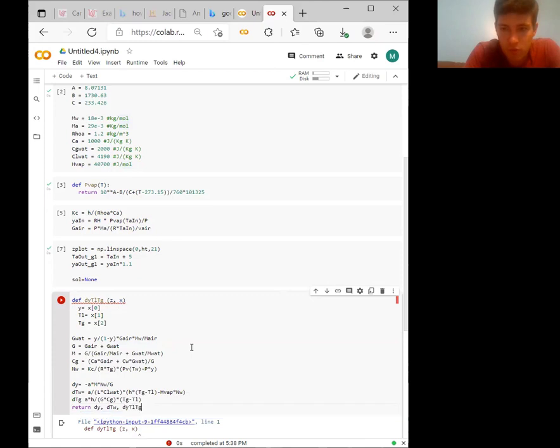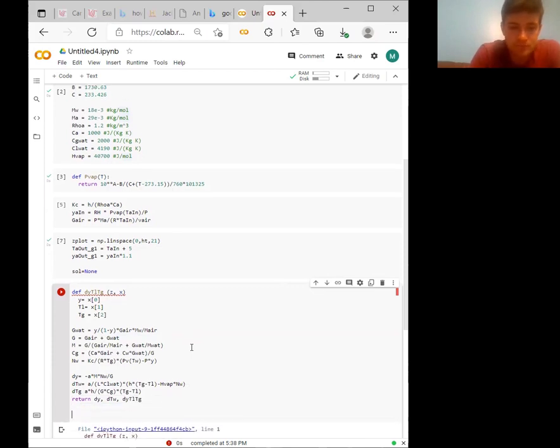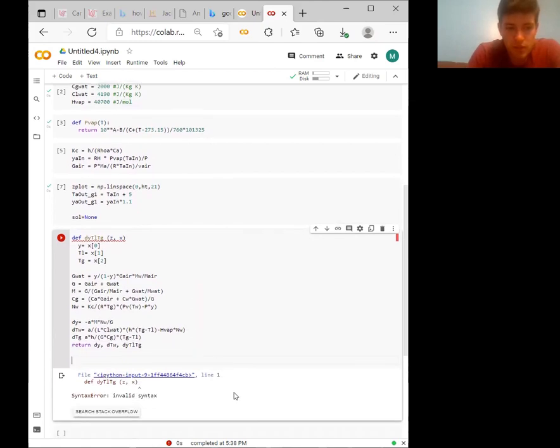And then one more step before I shift enter this, which I'm guessing is already not going to be right because I have an imbalance of text, but I'm going to do one more thing before I start fixing.